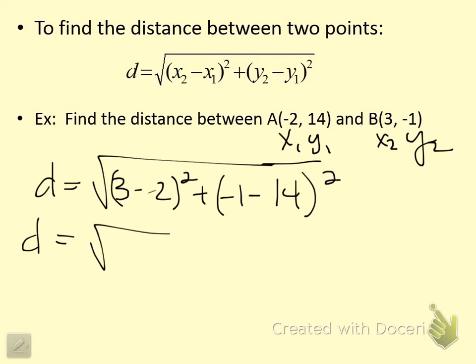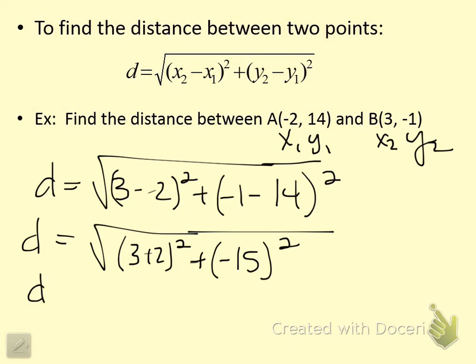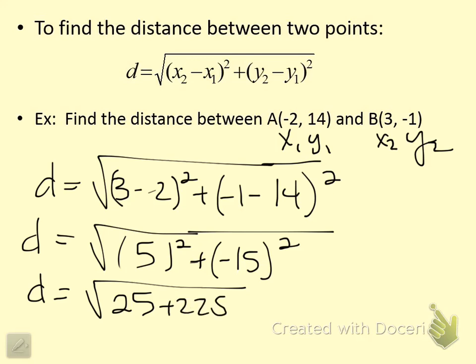So d equals the square root of 3. 2 negatives make a positive, so now we got 3 plus 2. -1 minus 14 is now -15. So d equals, I'm going to erase this because 3 plus 2 is 5, so I'm going to replace that in there. So d equals the square root. 5 squared is the same thing as 5 times 5, so 25. -15 squared is the same thing as -15 times -15, so we got 225.